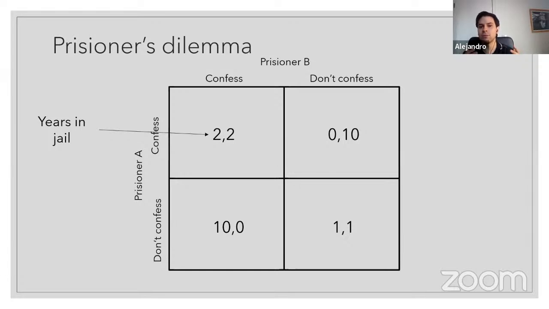But they want to make an example of this case, and they say to the prisoners, who are held apart in each room and cannot communicate with each other, we have enough evidence to convict you for 1 year, but if you confess, you won't go to jail, and your partner will get 10 years in jail. And if both of you confess, however, you will have 2 years in jail. Now, what should you do?